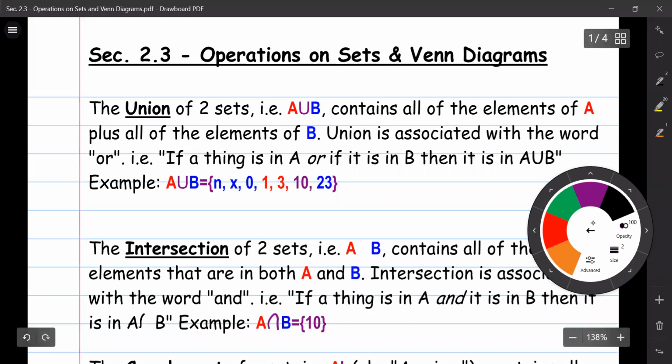So the union of two sets, A union B, contains all the elements of A, plus it also contains all elements of B. So union is often associated with the word or. So if something is in A or if it's in B, then it is in A union B.